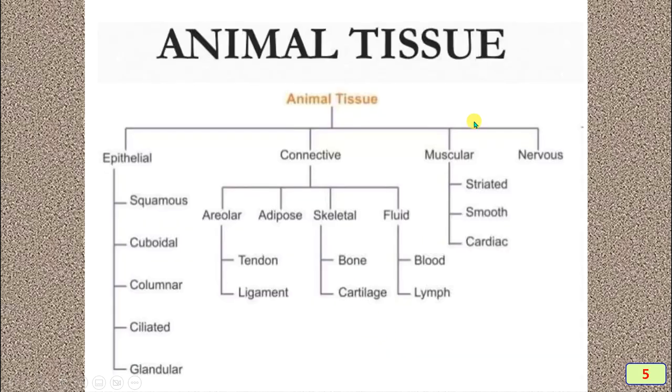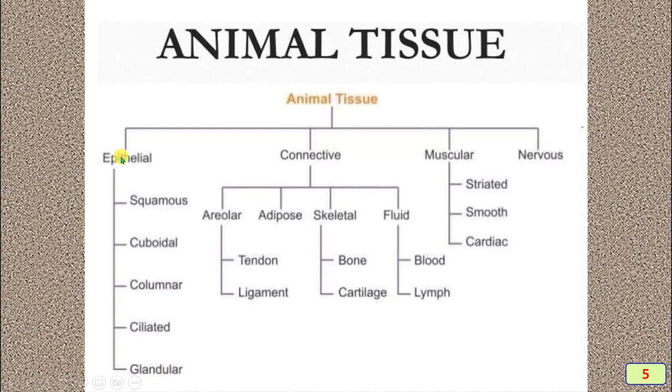So here is a remarkable classification of the animal tissues: epithelial, connective, muscular and nervous. Once again, the epithelial tissues are classified into squamous, cuboidal, columnar, ciliated and glandular tissues.